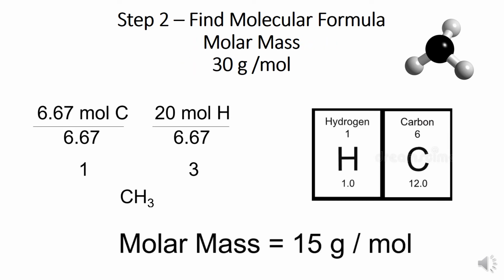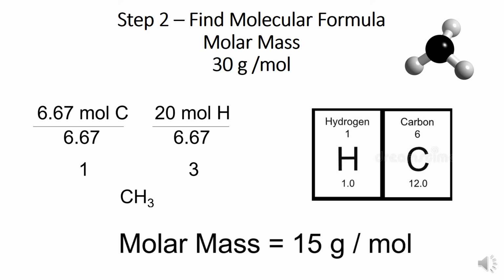We know that our molar mass needs to add up to be 30 grams per mole. But if we look at our empirical formula here, we see that the molar mass is only adding up to be 15. Because we have 1 carbon worth 12 and 3 hydrogens each worth 1, that molar mass adds up to be just 15. But the second piece of information that was provided is that ethane has a molar mass of 30.